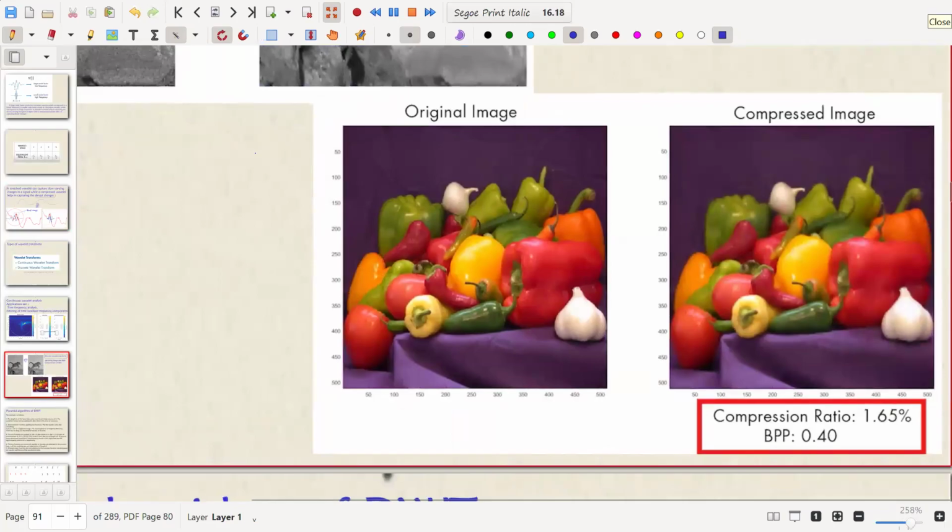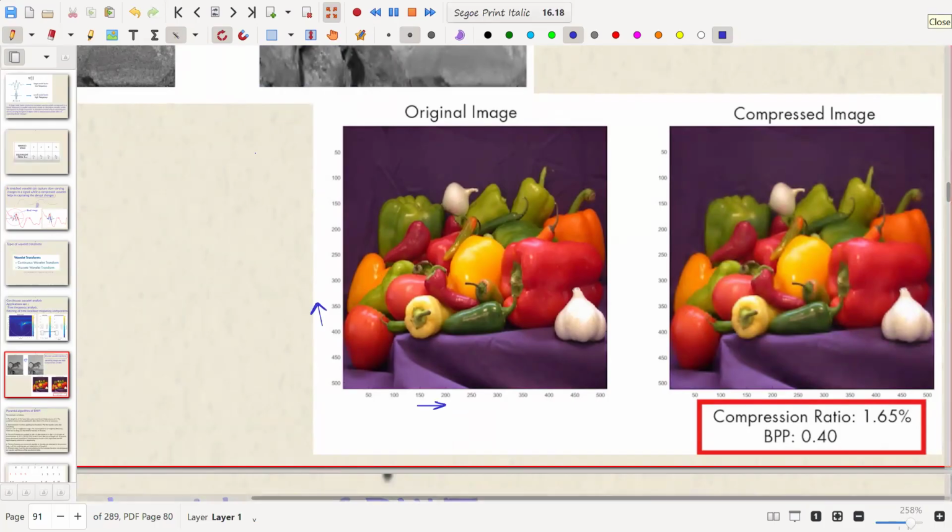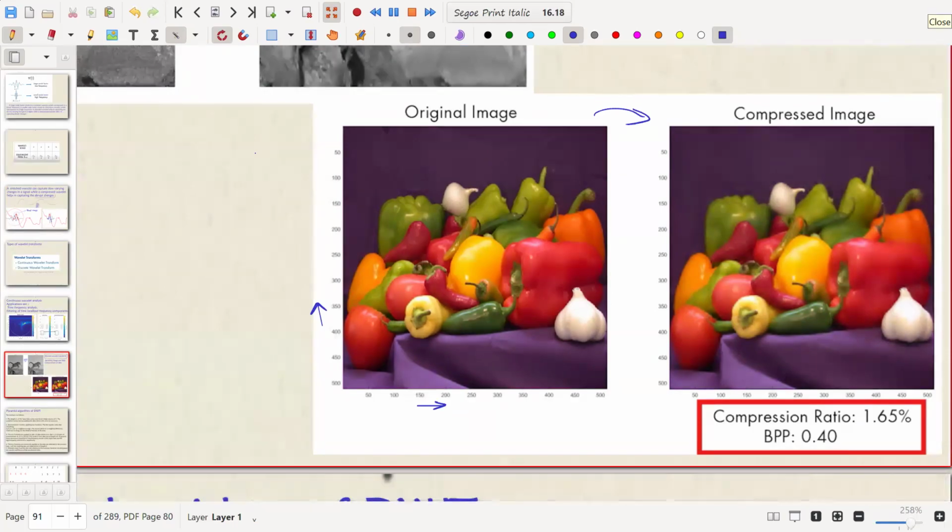This is another example. This is the original image, you can see the axis numbers over here. And this is the compressed image after using the discrete wavelet transform, meaning you are using one of the wavelet transforms I told you, the Daubechies transform, one of the three or four transforms I mentioned.